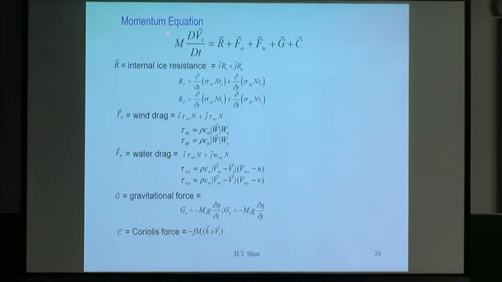If we do the formulation, the momentum equation, everybody knows that, and this is in the Lagrangian form. Okay. And then we have all the forces: internal resistance of ice, wind, water drag, and the gravity component, because the river surface has a slope. In rivers, we don't need to worry about Coriolis, but you could include it; we don't.